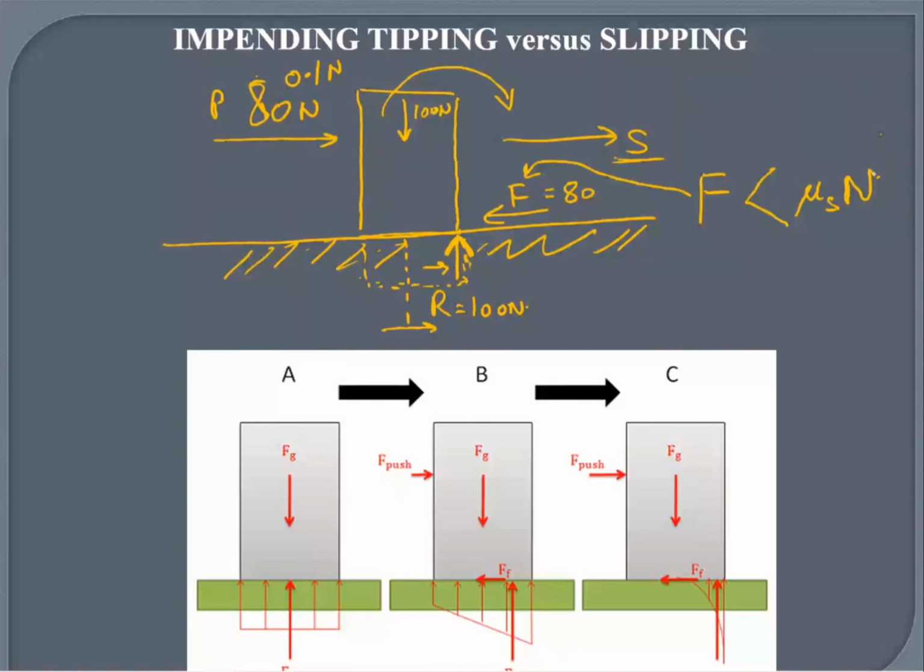And the other condition is my R, the position of R, reached half width of the object. Now this is width, okay?